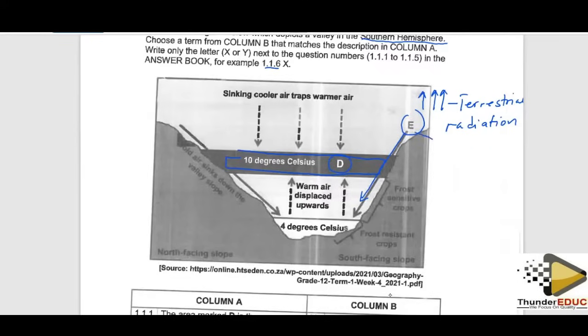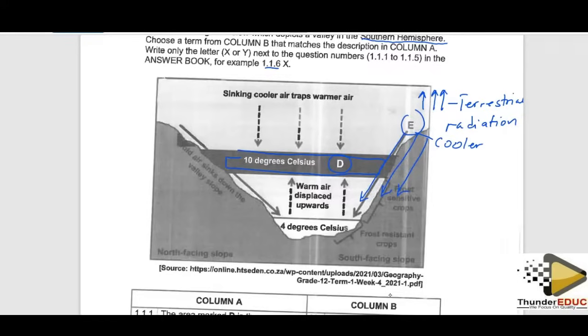So this point is going to be cooler. Then what happens to the air around this point? So the air as well becomes cold. And when the air becomes cold, we know it will be more dense, or much heavier. Therefore, it will start to blow downslope or downwards to the valley bottom.